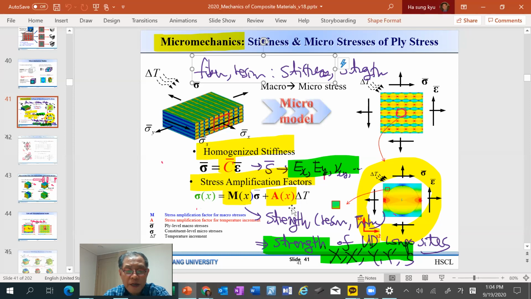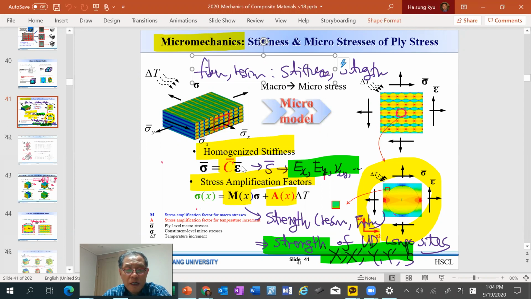can be defined at any point, could be within the matrix, or in the fiber, or at the interface. And another one is delta T, the macro level temperature increment, and the micro stresses sigma can be related to this delta T. So the A matrix can also be defined relating delta T and sigma.